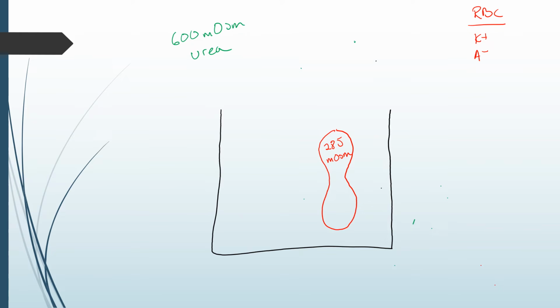So this would be a hyperosmotic solution. We're going to add that solution to the beaker. Next question is, what is the solute that's being added with it? It's urea. The property of urea is such that it's small and lipid soluble. So it will pass through the red blood cell plasma membrane very easily.